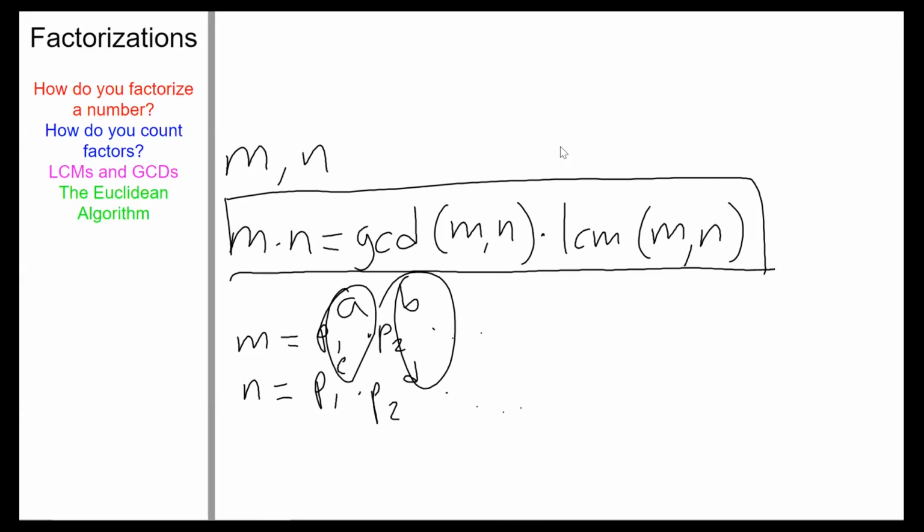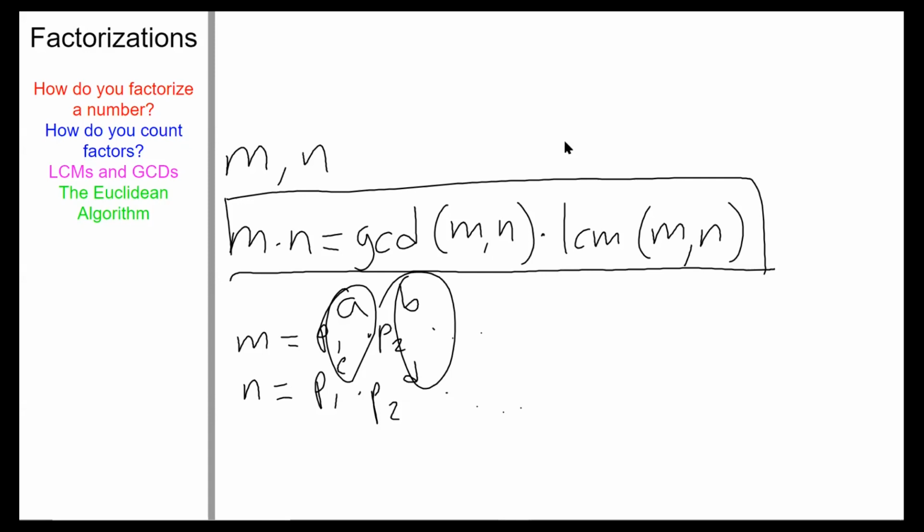And the LCM is found by taking the greatest of a and c and the greatest of b and d. So when you multiply them together, you include both of the exponents of a and c and b and d. And that's the same as multiplying m and n together. So you should probably memorize this formula.